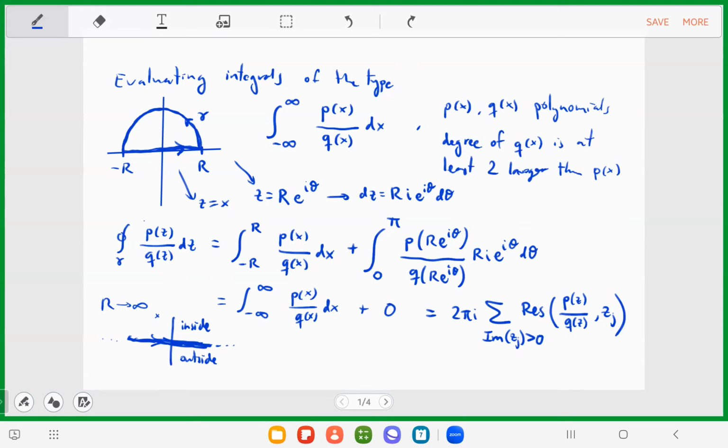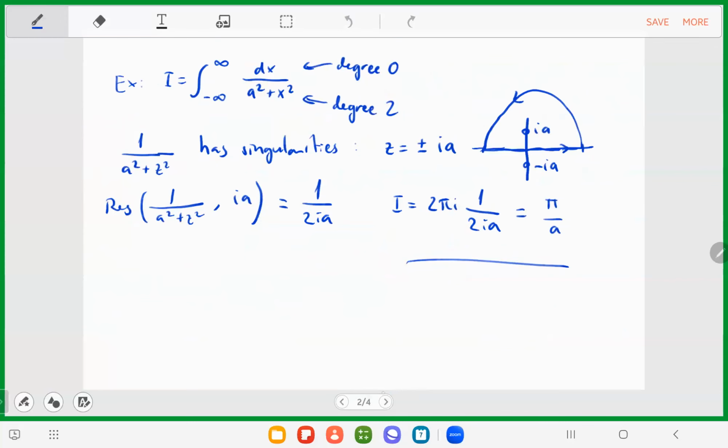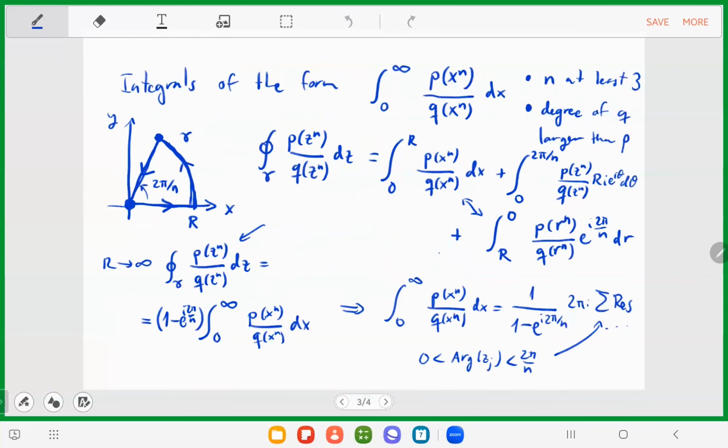Okay, maybe I should write that as a note. So if you have a polynomial of x squared divided by a polynomial of x squared, you can just calculate more easily the integral between minus infinity and infinity and divide by 2, because the function will be even. Do you understand what I mean? Yes. So that's why I was not including it.